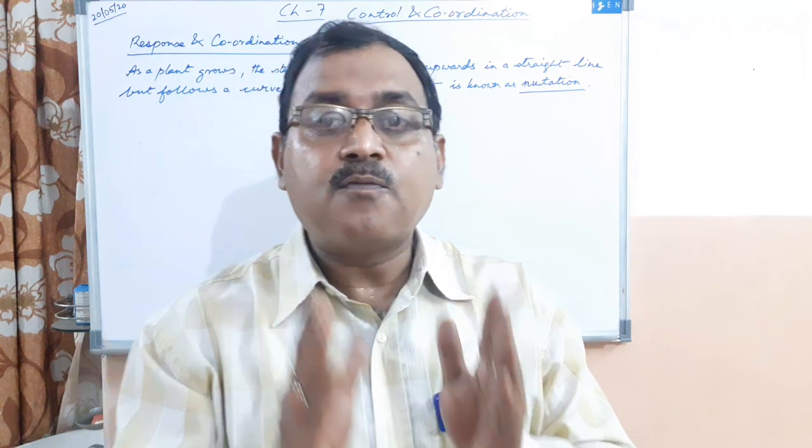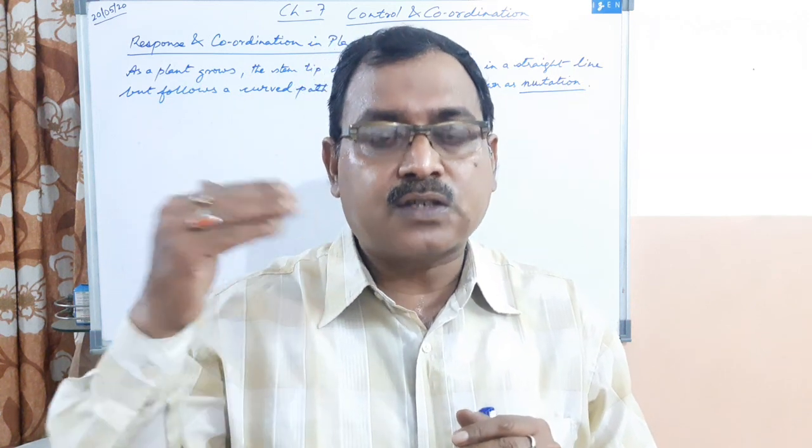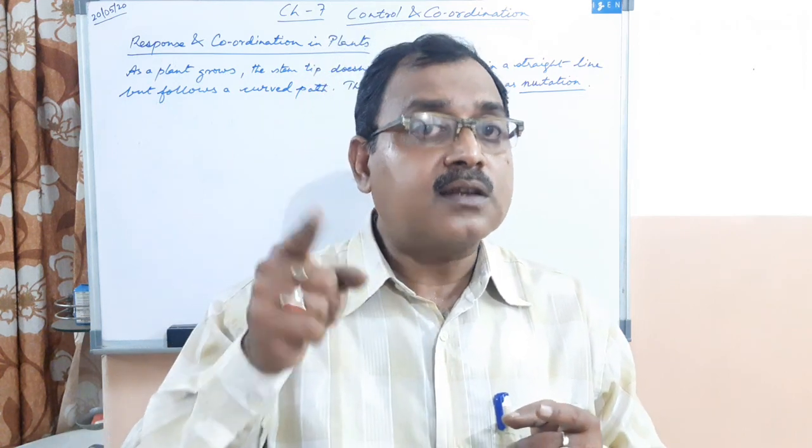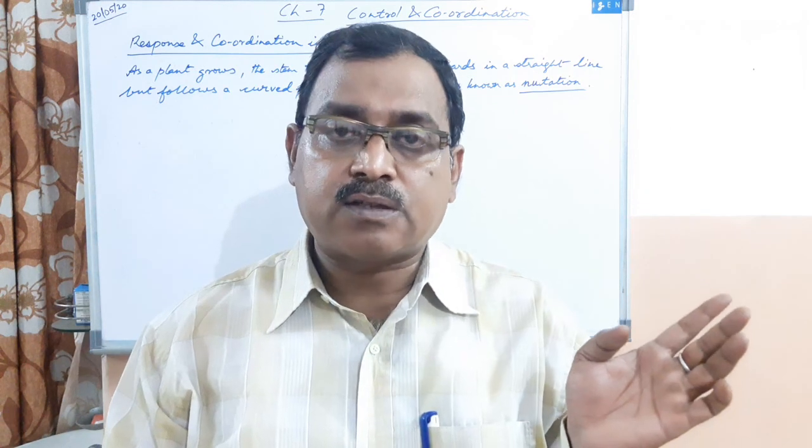Such movements in which the plants move neither towards the stimulus nor away from the stimulus are called nastic movements. So remember, those movements in plants which are not directed either towards the stimulus or away from the stimulus are called nastic movements.